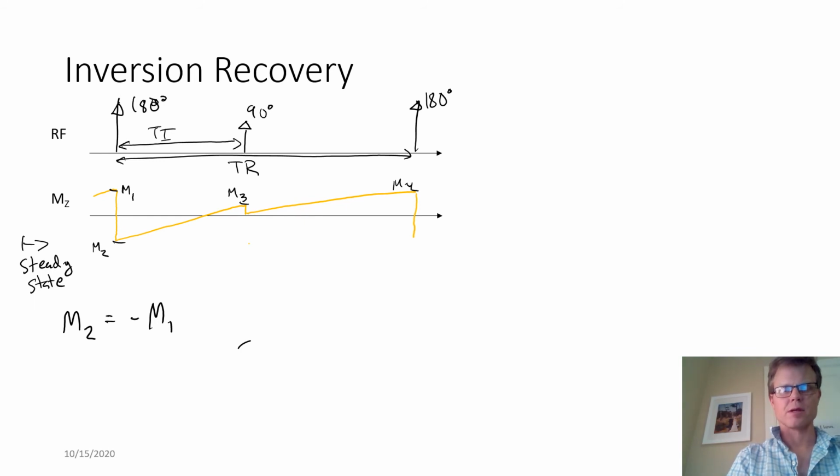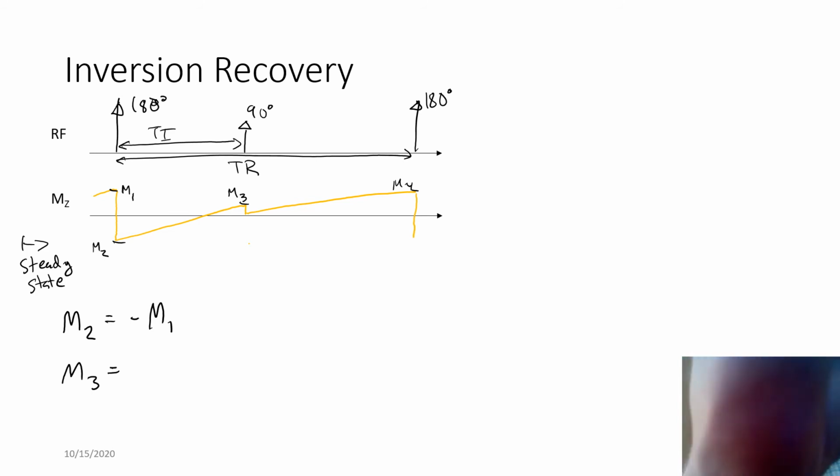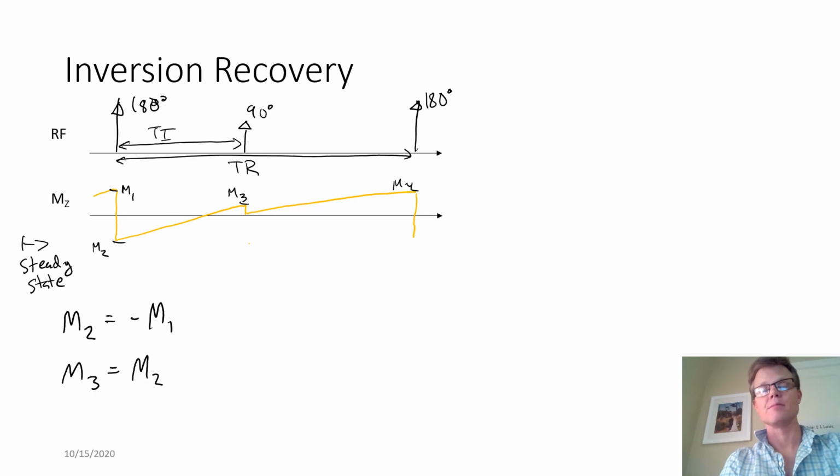This is flipping the inversion process. Then, during this next time interval, this value M3 is going to be M2. So this is our MZ0.